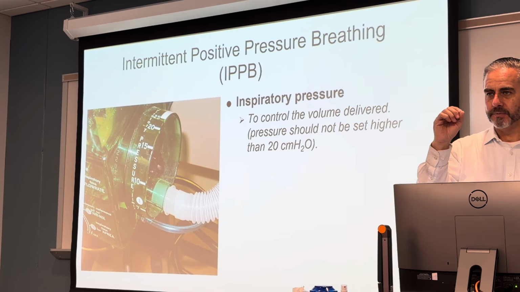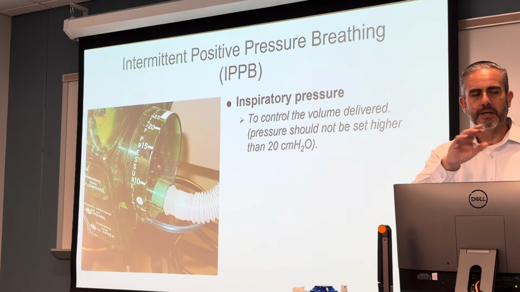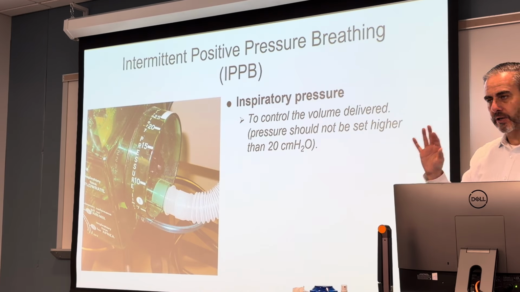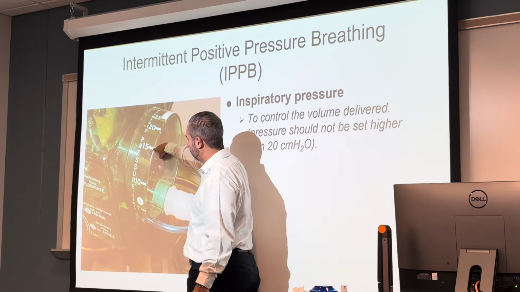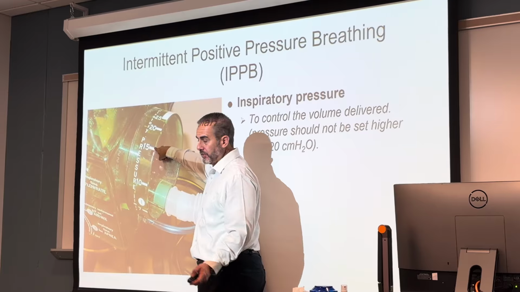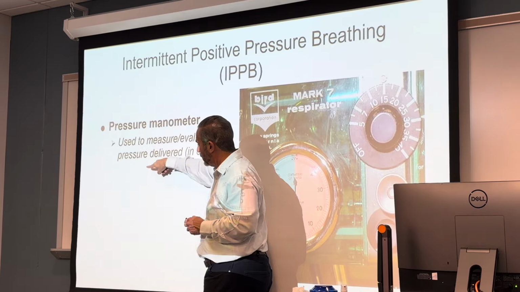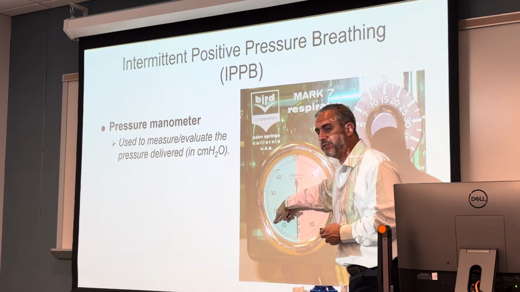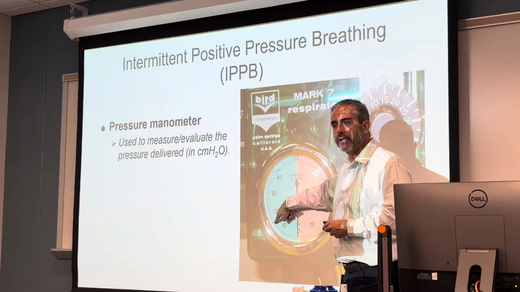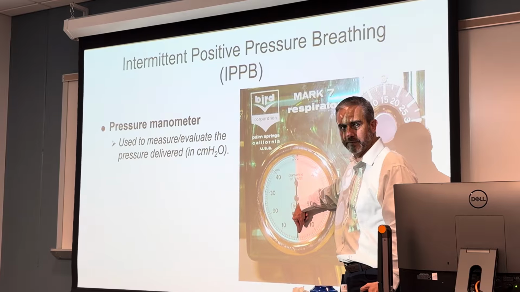So instead of seeing a control that says 500 mLs or 600 mLs, you're going to see a pressure that you can provide. Let's just say I set it to 15, because that's the number closest to me right now on the screen. That means when the pressure goes up, it's going to go up to 15, and then it's going to stop and shut off and go back to 0 until the patient takes another breath.